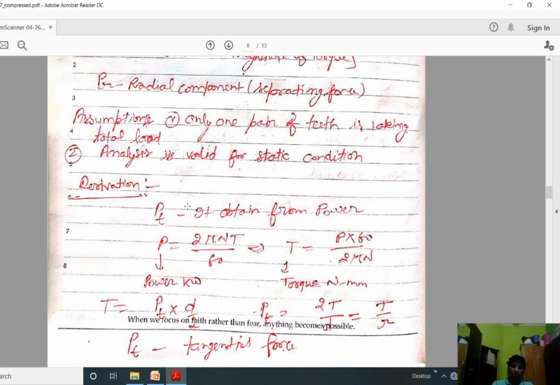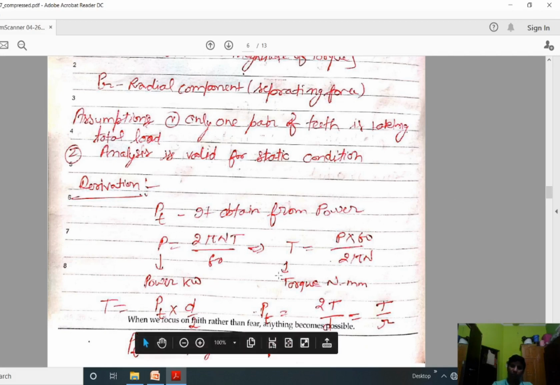PT, as you know, is the tangential force, or it is obtained from power. PT we can say is the tangential load acting on the tooth of the gear. P is power, and you know the formula is 2 pi NT divided by 60. From here we can easily find out the torque, or if the torque is given, we can find out the power.